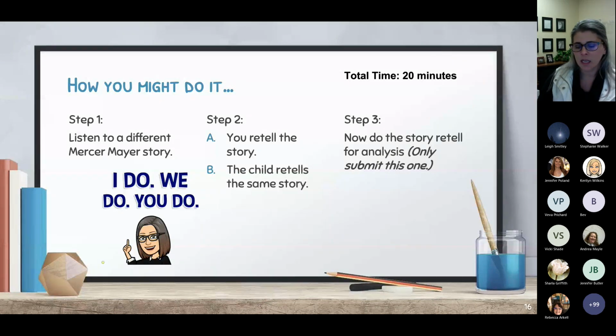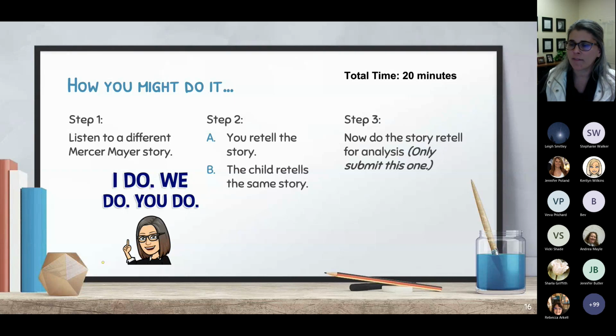So for instance, let's say I wanted to do a narrative retell on Frog, Where Are You? Which, when we get to the database, you'll see is one of our options. But I'm concerned that this student is not going to understand what I'm asking them. I'm going to take one of the different Mercer Mayer stories in that series, maybe One Frog Too Many or Frog Goes to Dinner; it doesn't really matter.